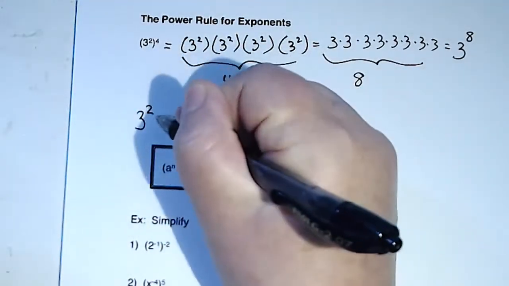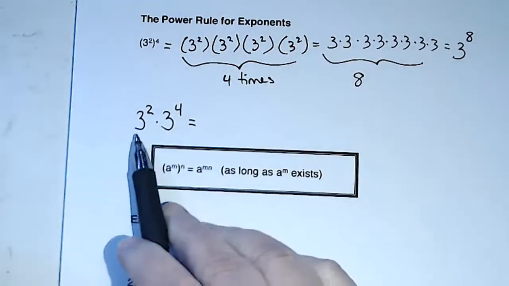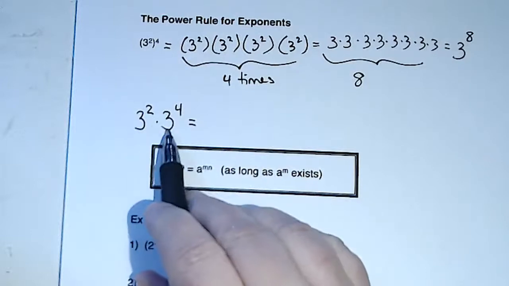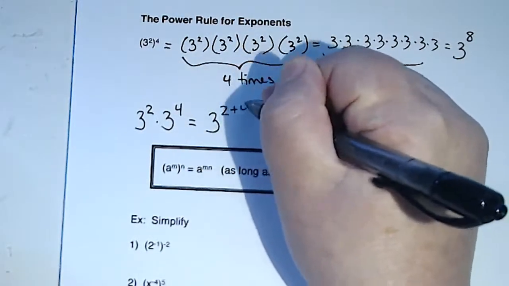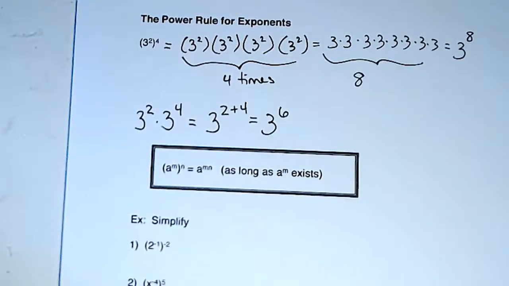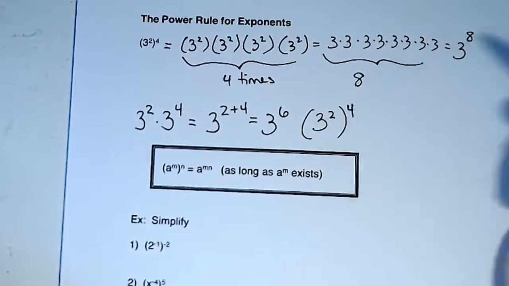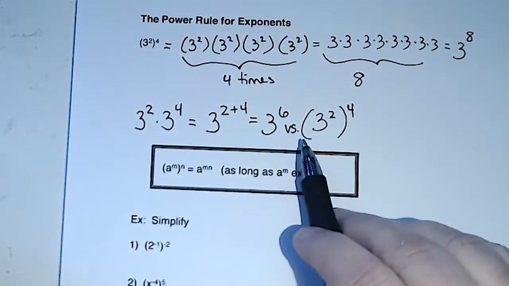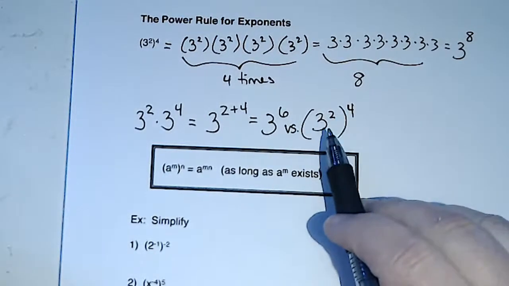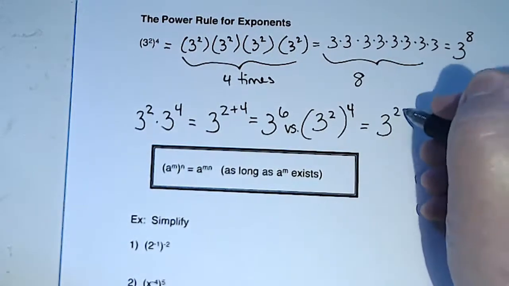If I have 3 squared times 3 to the 4th, so I have 2 bases, 2 exponents, and the bases match, then I get 3 to the 2 plus 4, so that's 3 to the 6th. If I have 3 squared to the 4th, let me put in a verses there. If I have 3 squared to the 4th power, that's when I multiply.